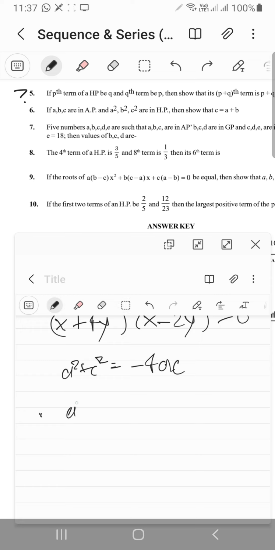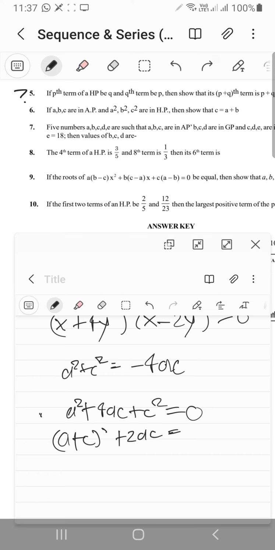Other thing would just be a squared plus 4ac plus c squared equal to 0. Then a plus c squared plus 2ac equals 0. Well, this is weird. A plus c squared is negative 2ac. So one of these numbers, a and c, must be negative. That's all we can say.